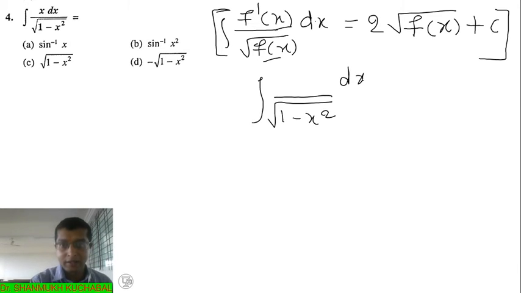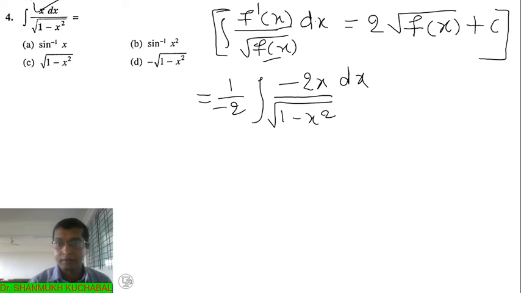So we can see here, integration of root of 1 minus x square, dx. The differentiation of 1 minus x square is 0 minus 2x, but here there is only 1 into x, so we have to balance it. Minus 2 is extra multiplied, so we divide by minus 2, so minus 1 by 2 as it is.